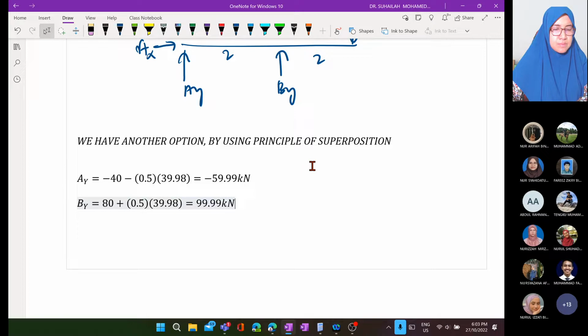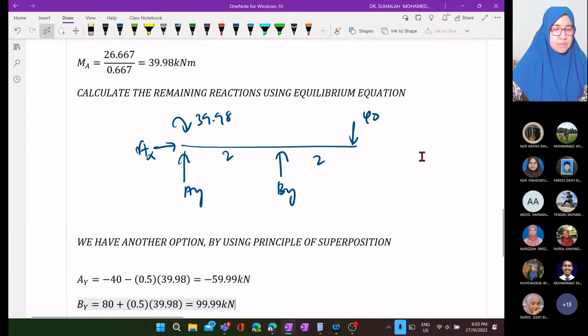My suggestion is to use the principle of superposition like we have done just now, and check the answer using the equilibrium equation. Once you have calculated all the reactions, put them into the diagram and take moment at A, check whether you get 0.